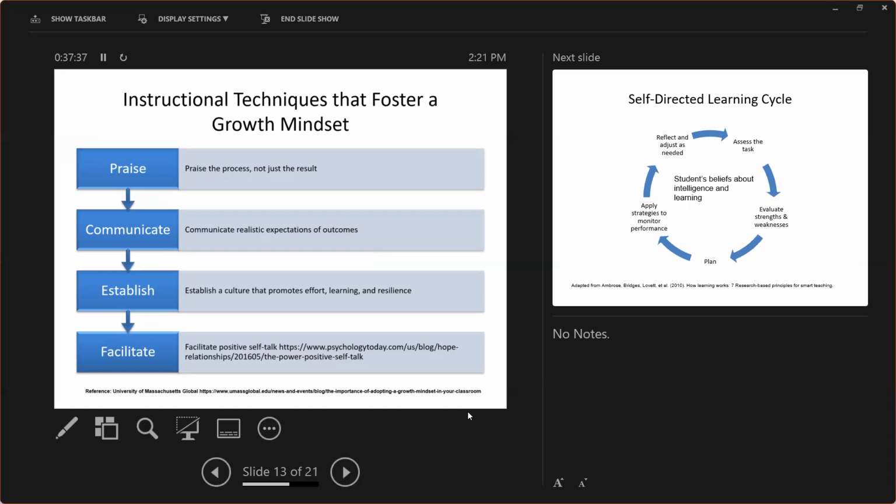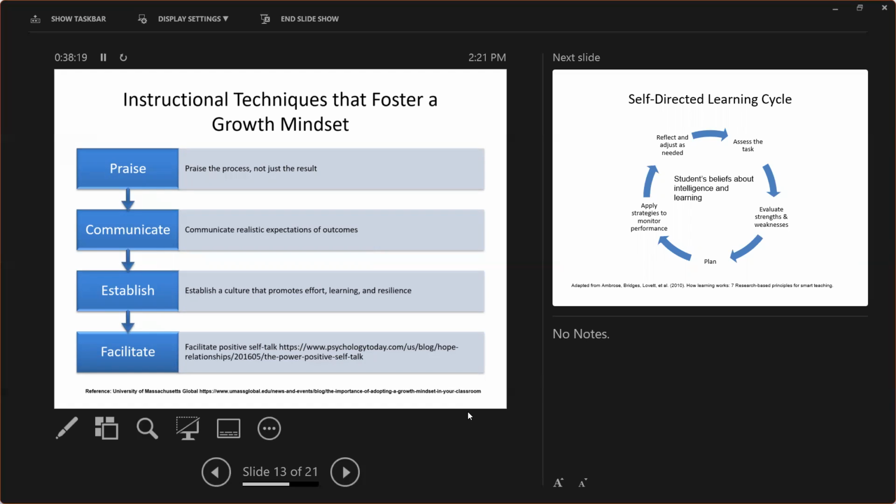When we're instructing and students are developing their skills and continuing to advance their skills and knowledge, we can praise that process, and you could incorporate formative assignments. Take a large project and break it into formative assignments, smaller projects, and then praise their process, how they're doing on each consecutive part of that process, rather than just waiting until the end of a major project and providing praise on that.